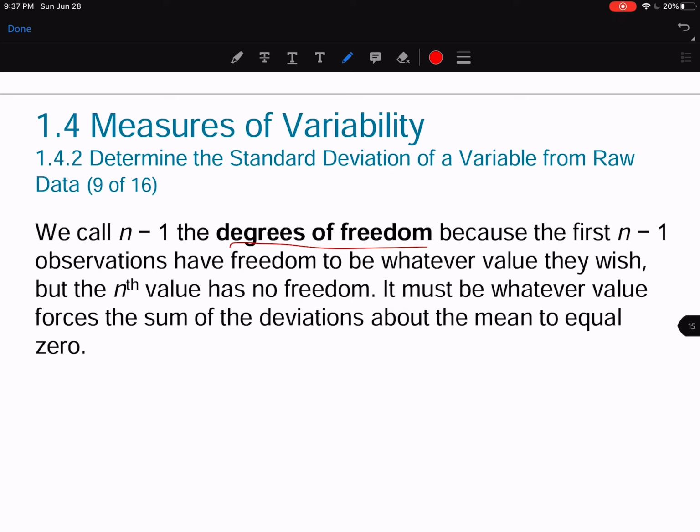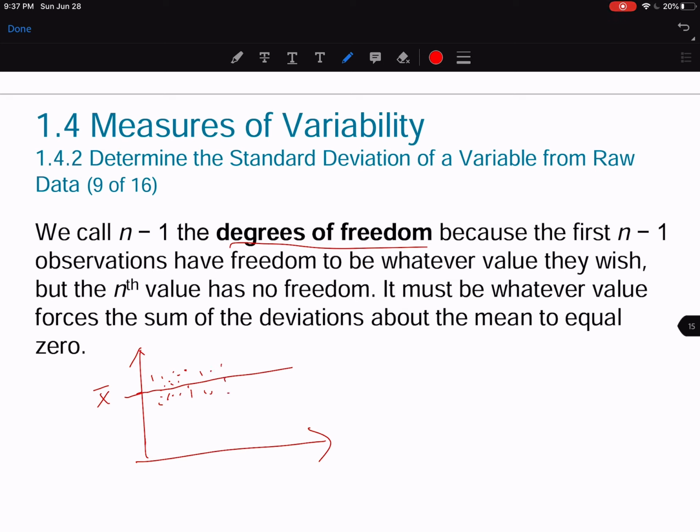That means that if I draw a coordinate system over here, let's say this is x bar, a horizontal line, and we have a bunch of x values. Some of them are above x bar, some of them are below x bar.